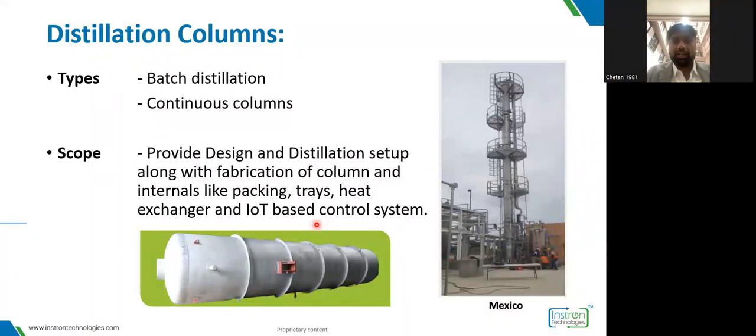Mr. Rahul just explained this distillation system, wherein we save more than 37% of capex by reducing all these heat exchangers, everything downstream, as well as this type of technologies.